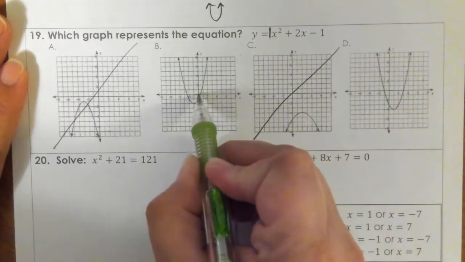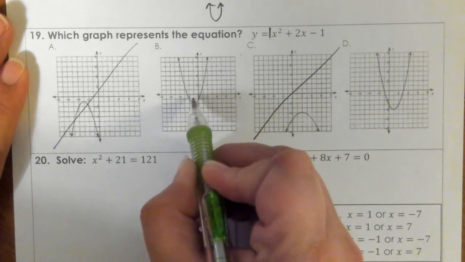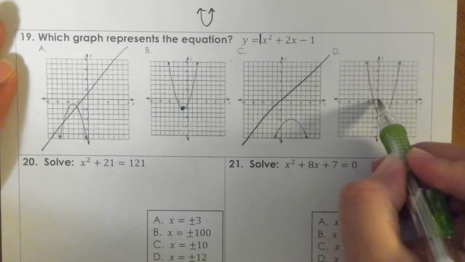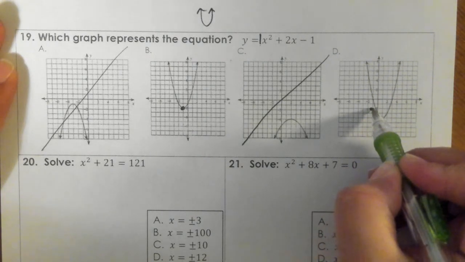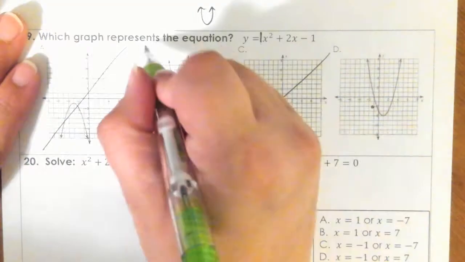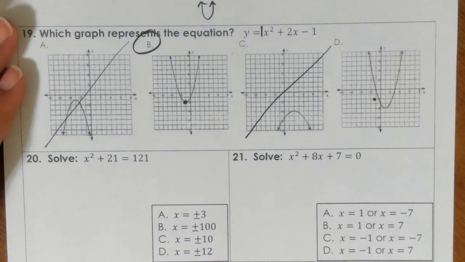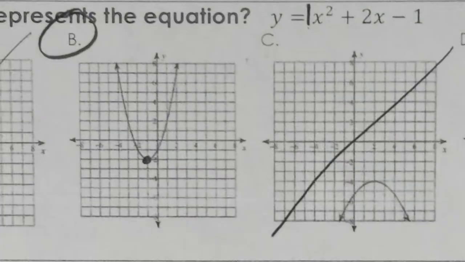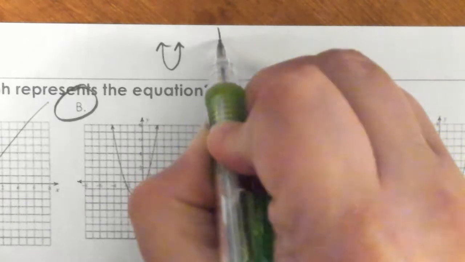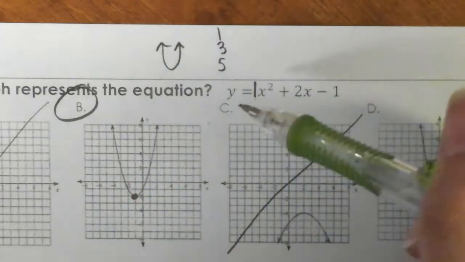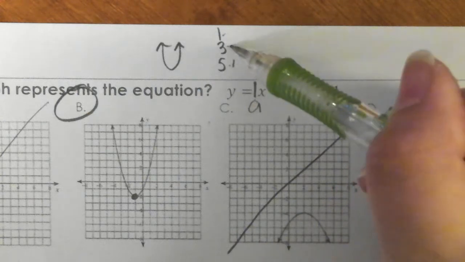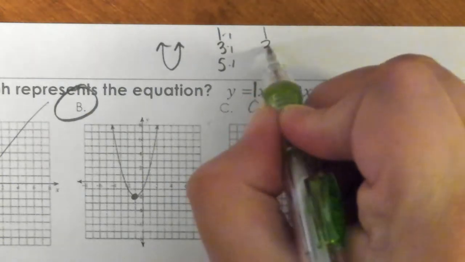So I'm looking for negative 1, negative 2. So I've got here 0. So negative 1, negative 2. Okay, that looks good. Here, negative 1, negative 2. Obviously that is not my vertex, so it has to be B. But the other thing we learned was that when we graph a parabola, we use a pattern of 1, 3, 5, and you have to multiply that by A. So if I multiply these by 1, I get the same pattern.